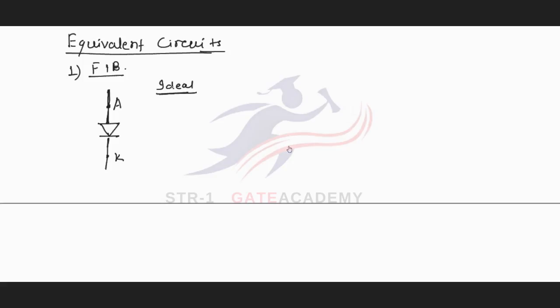So a forward biased PN junction is replaced in the circuit with a short circuit. And when the material of the diode is given in the question, or if the diode is practical, practical is identified either when the material is given or when the forward drop is given.